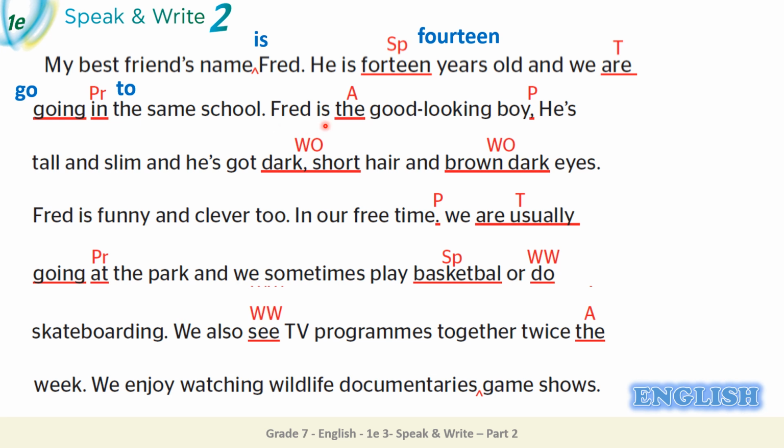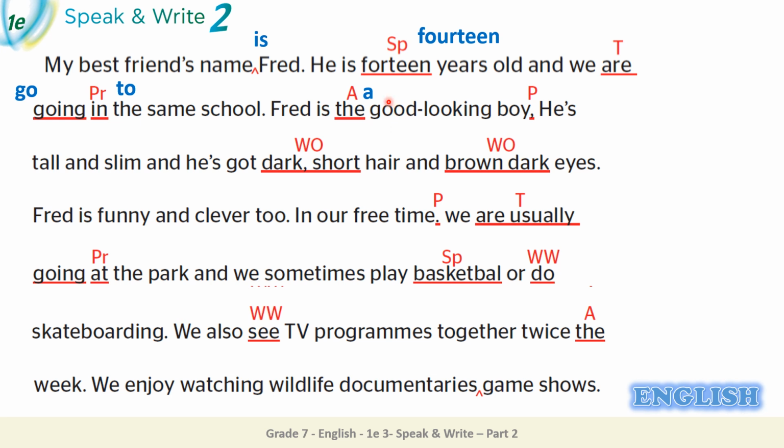Let's move to the next sentence. Fred is the good-looking boy. We have 2 mistakes here, A and P. What's the correct answer? That's perfect. A stands for an article, so the article is wrong. And the correct answer is "a", because this is a non-definite situation.